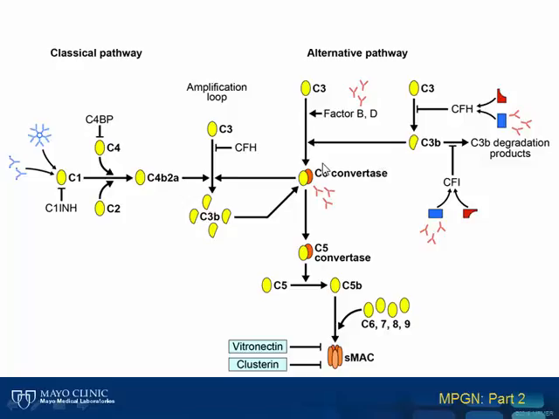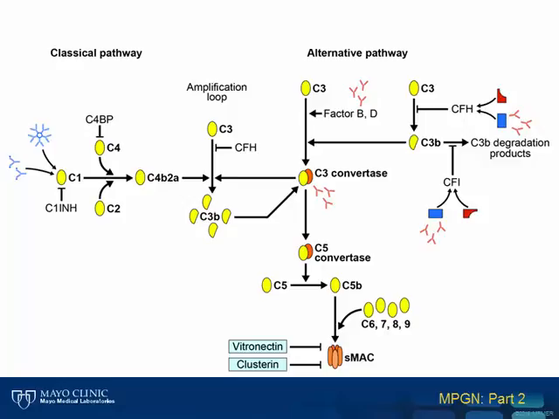The other regulation is once C3 convertase forms, it is further broken down also fairly rapidly by the presence of factor H. And then there are certain regulating factors on the endothelial cells themselves that can regulate the breakdown of C3 convertase. But keep in mind that one of the major role players over here is factor H, which helps break down the C3b into C3b degradation products and then also breaks down the C3 convertase.